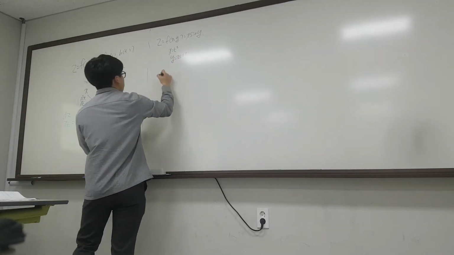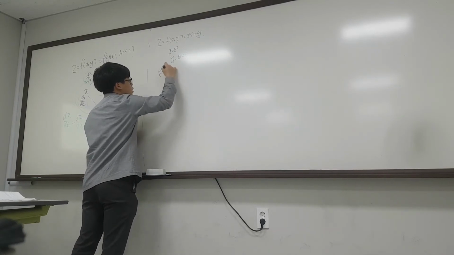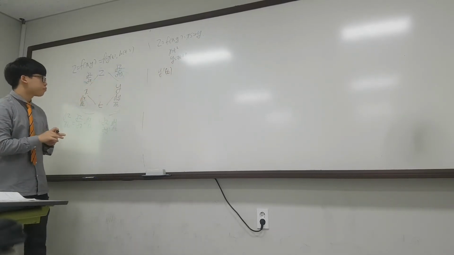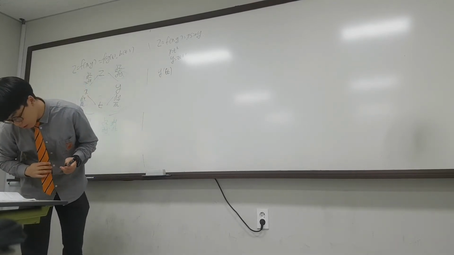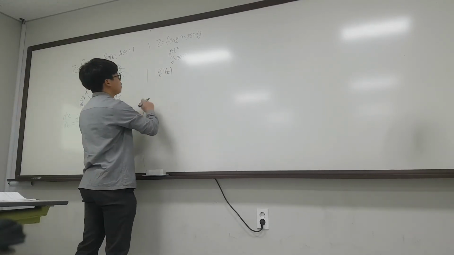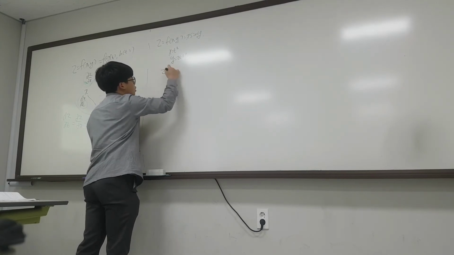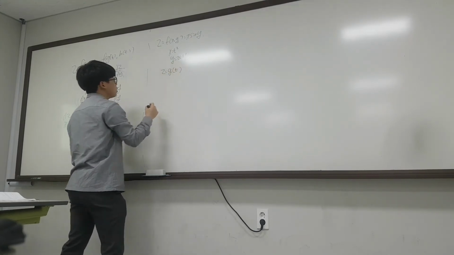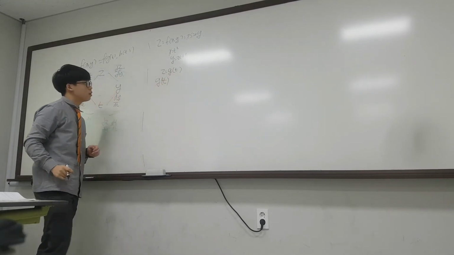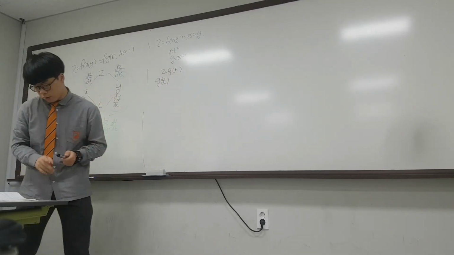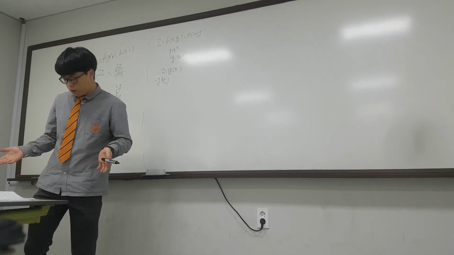And we have to compute g prime of t, right? Z is g of t. So we have to solve for g prime t. So what we do is just what we did.